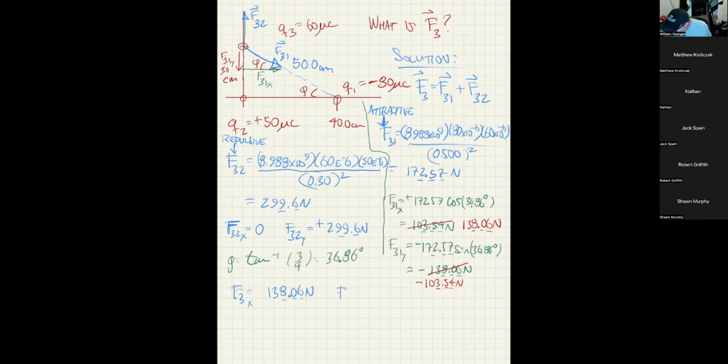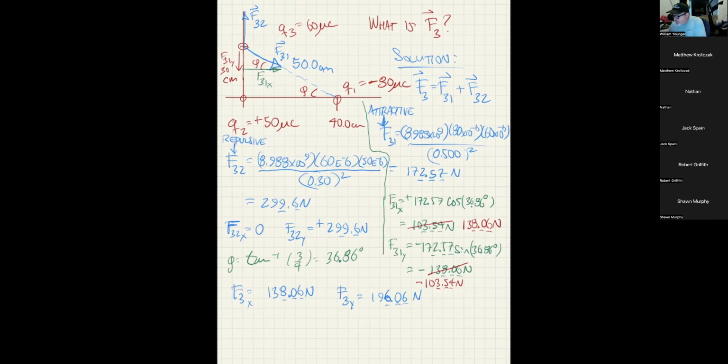And then F3Y is going to be me taking the negative 103.54 and adding it to the 299.6. And that gives me 196.06 newtons. Again, I carried a bunch of extra sig figs here.